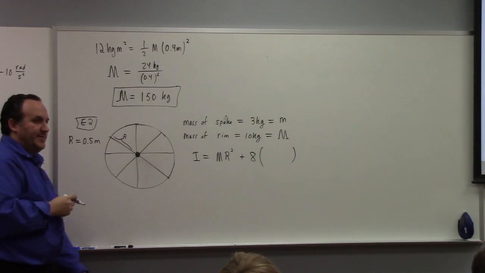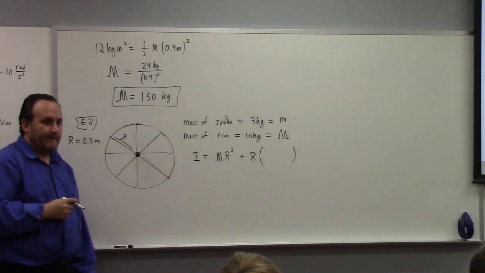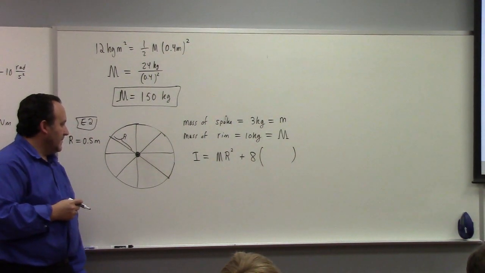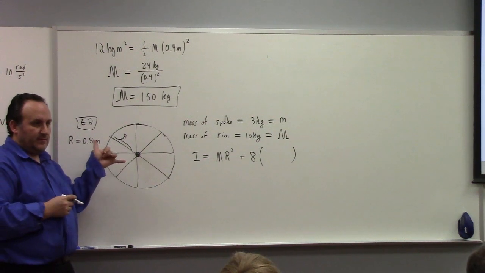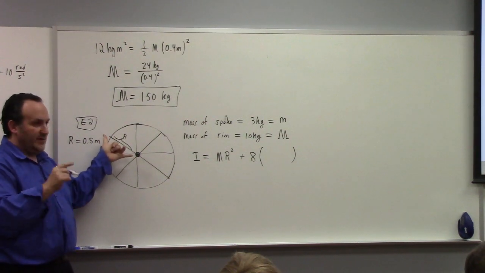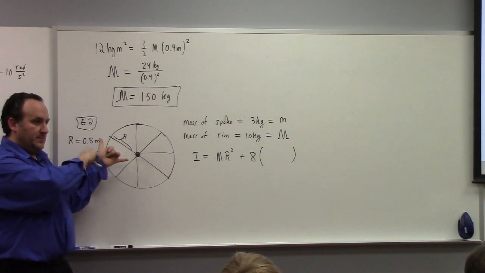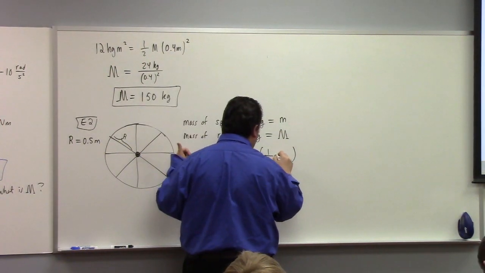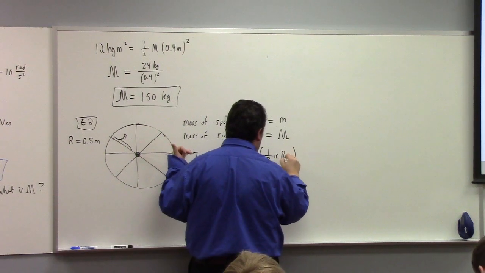Now why do you say 1/3 m l squared? Because that's the moment of inertia for a rod rotating about an axis perpendicular at the end. And L is equal to what here? R, right? So you said 1/3 little m, and L is R here, so R squared.